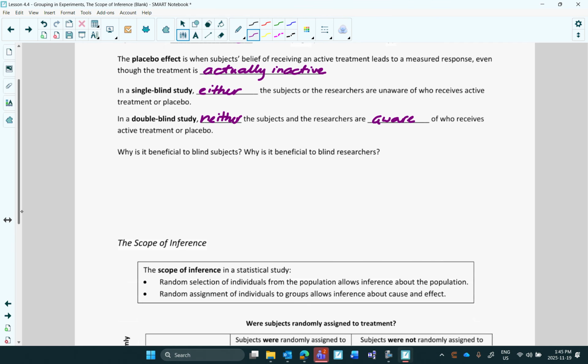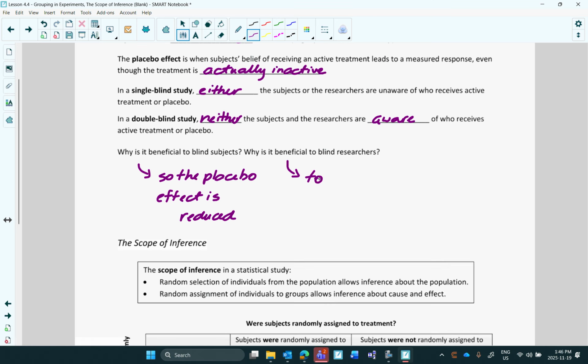So why is it beneficial to blind subjects? So the placebo effect is reduced. And why is it beneficial for blind researchers?